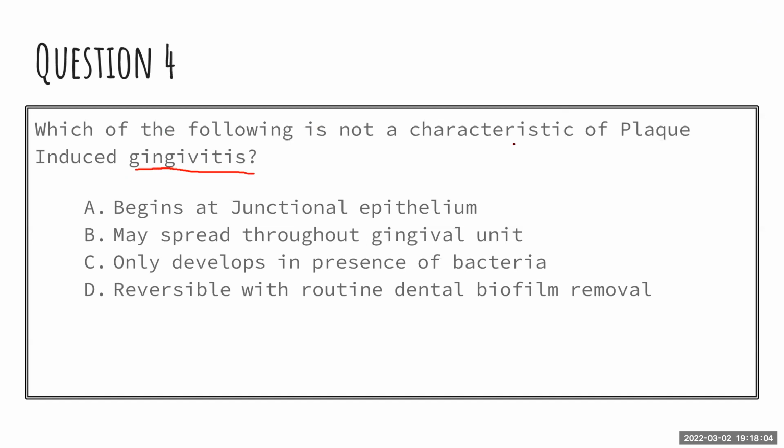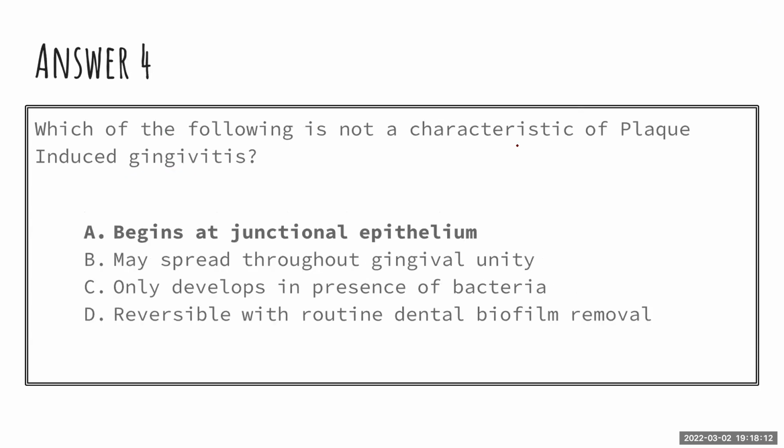Still gingivitis. The best answer is A. Remember, what happens on top of the gum has a direct effect on what goes on underneath the gum line area. That bacteria is building on top of the gum and starts cascading down.